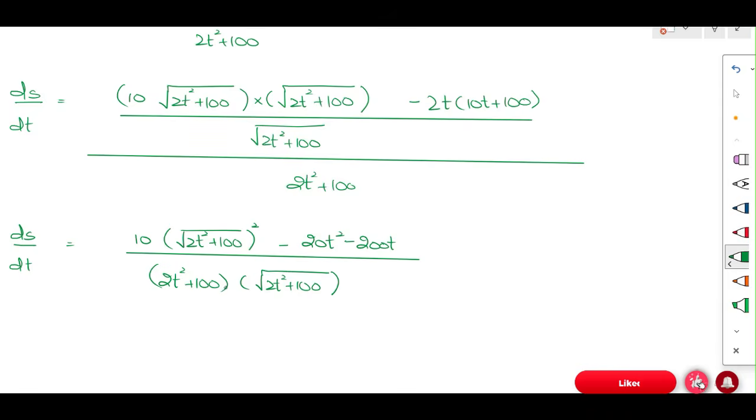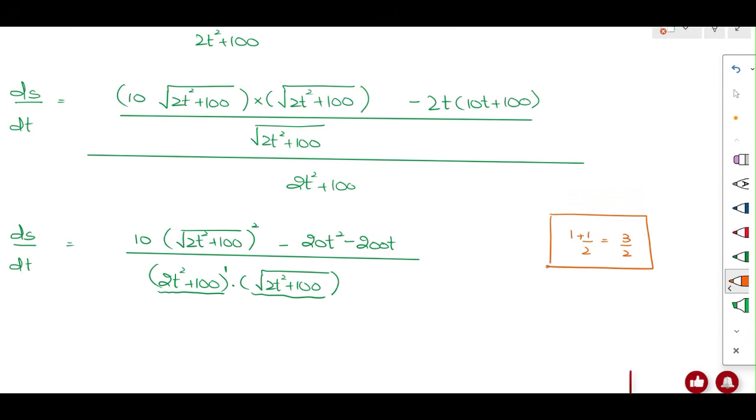Okay, so you guys can see this base and this base, the bases are same, we can add the powers. If this expression power is 1 and this expression power is 1 by 2, when you add that up, this would be 3 by 2, right? So we have to write this 3 by 2.